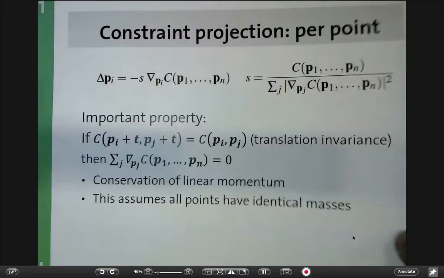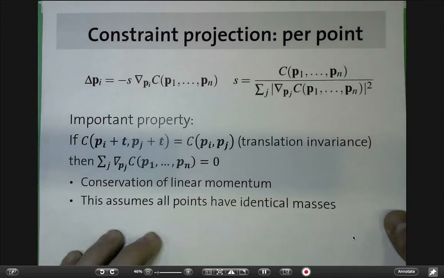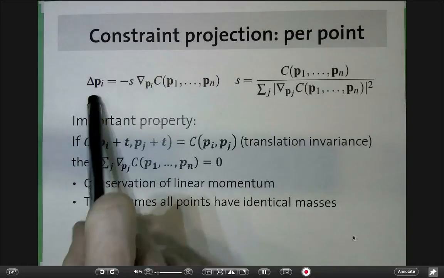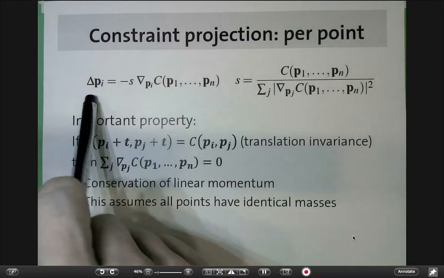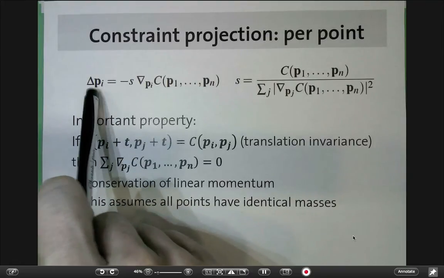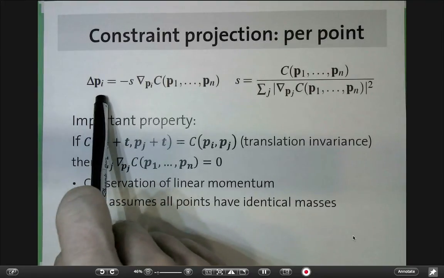So let me write the same formulas with a little bit different notation. And I'm sorry, the notation is not ideal, but that's what it was in the original paper, so I just stick with that notation rather than trying to improve on that. So here is the same idea, but now written per particle. So this is a displacement of particle number i going from 1 to n.